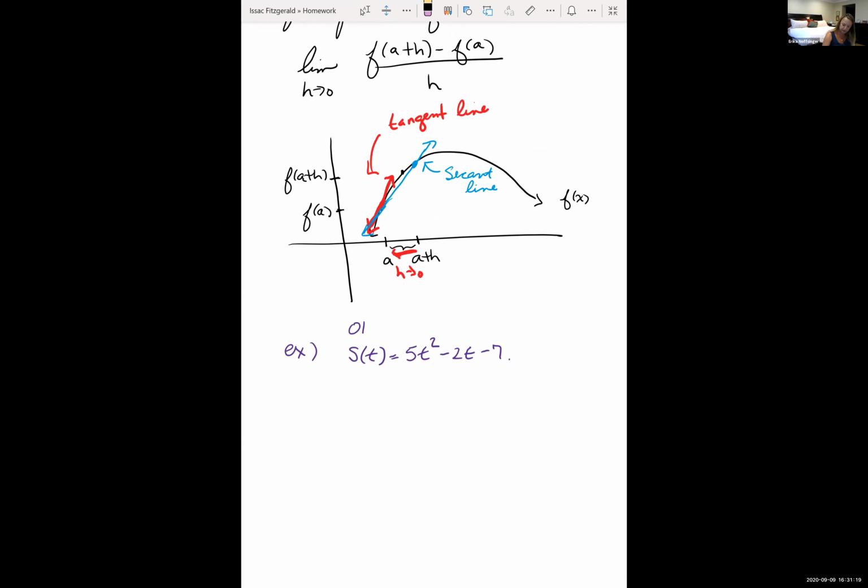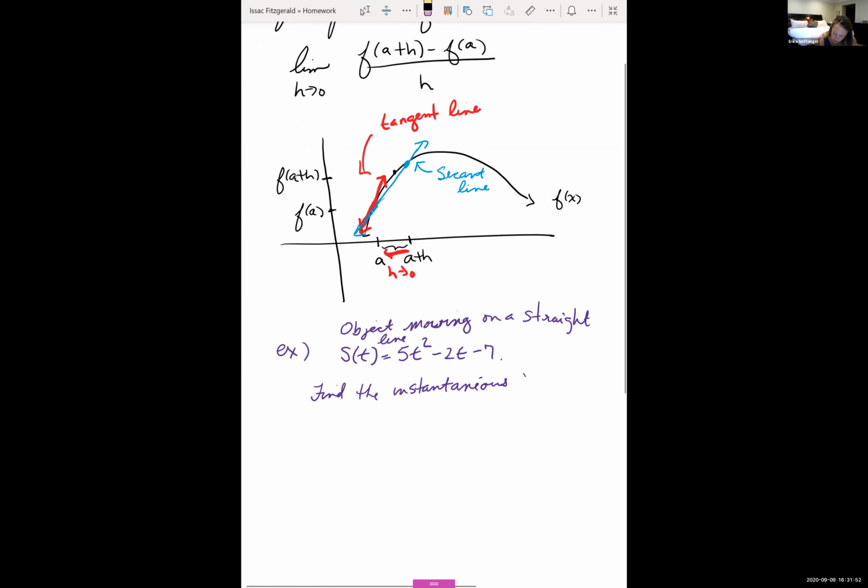So this is an object moving on a straight line, and we want to find the instantaneous velocity at, let's say, t is equal to 1. So this is where we want to find the instantaneous rate of change when t is equal to 1.